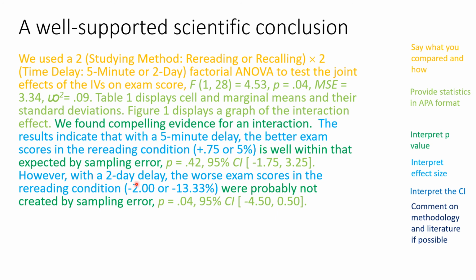And that's what I'm saying here. And that is compelling. And I'm saying that because it was not likely to be created by sampling error, which is what I'm saying here. And then I'm providing the statistics. So all of this is talking about the interaction. And again, in a complete write-up, you would have the table included and the figure included.